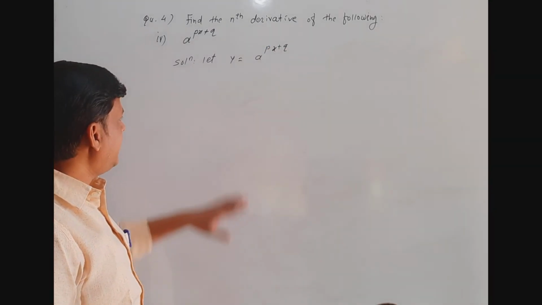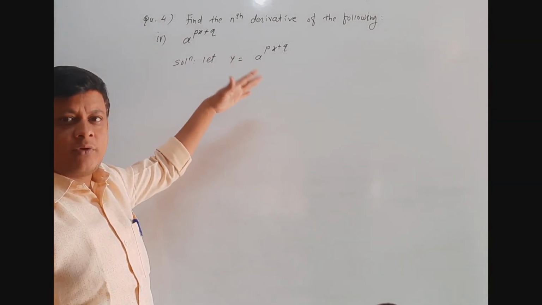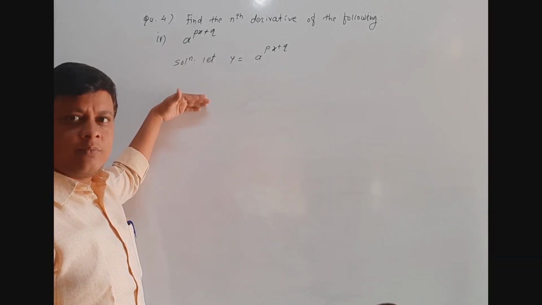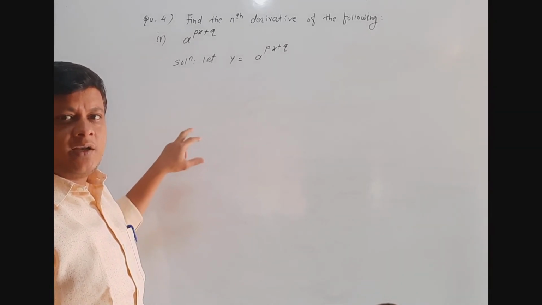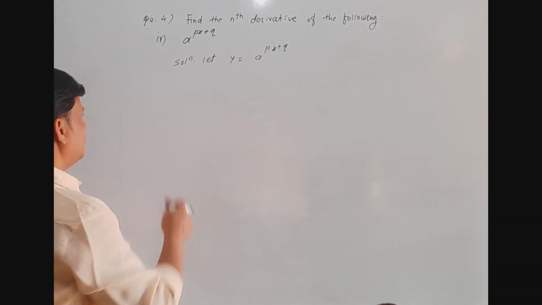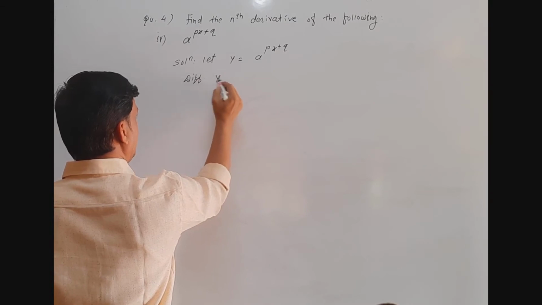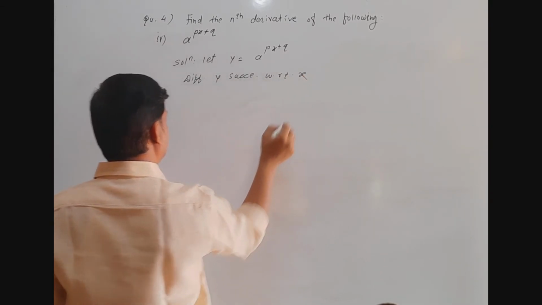Now you can write here, differentiate this y with respect to x successively, because we write here differentiate with respect to x for first order derivative, then we write differentiate with respect to x for second order derivative. So you can write in one sentence, differentiate y successively with respect to x.